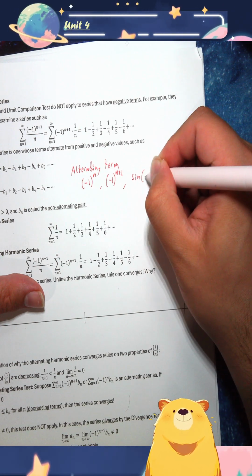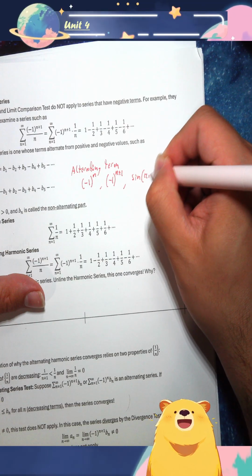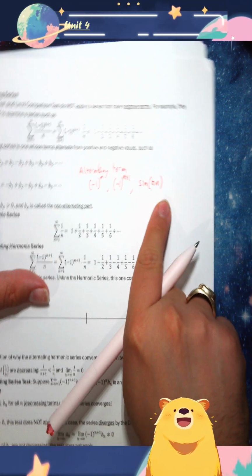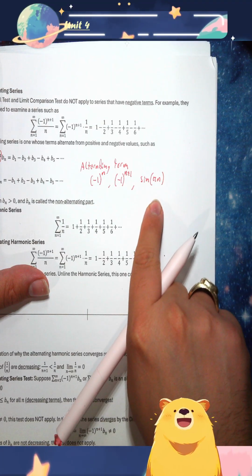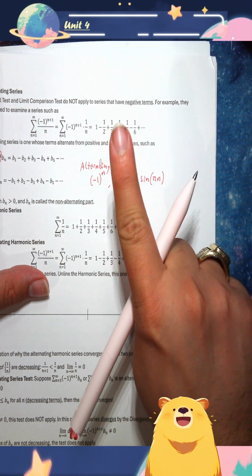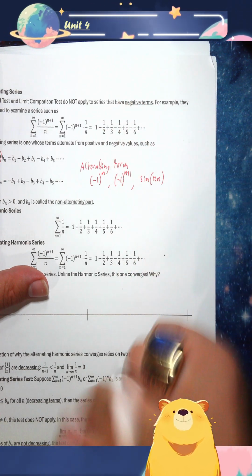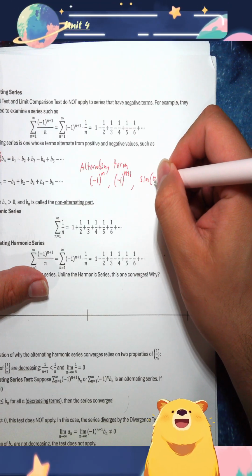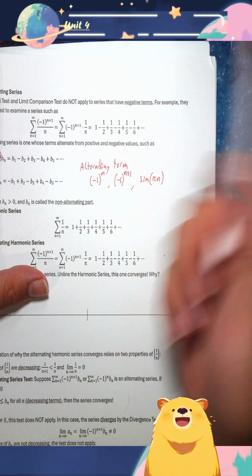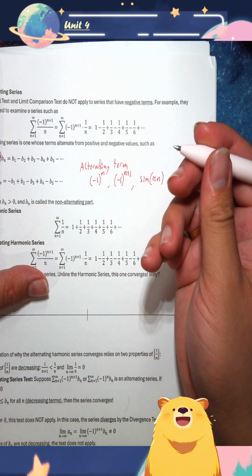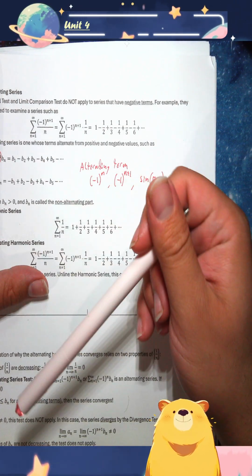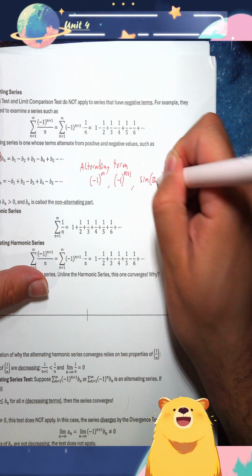If I were to do something like sine of pi n, where we know the pi lets it flip between 0 and 1 and not 0. Actually, let's make it, I don't know why I was doing half a pi. So 0 and then, let me change it.